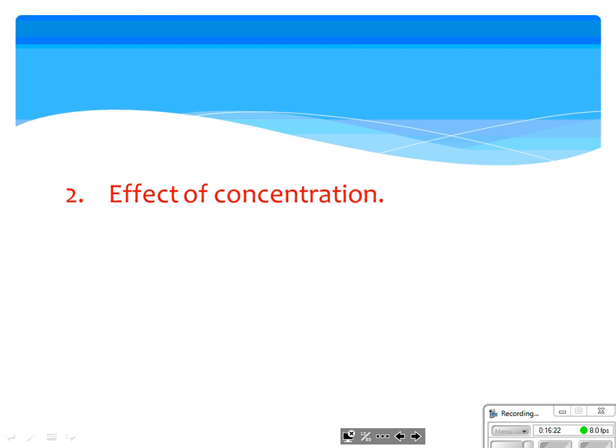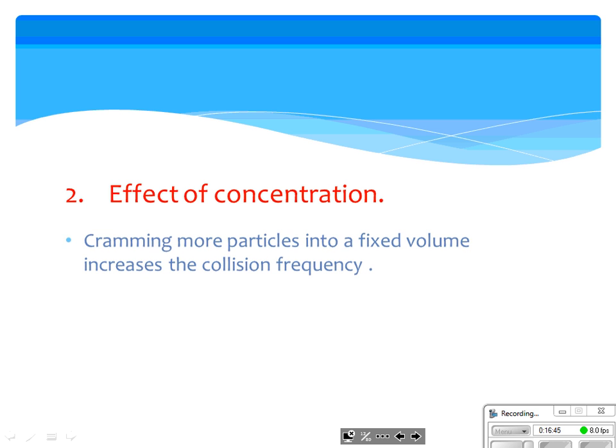Well, let's think about this. If I have more moles, do you think I would have more collisions? Let's say if I had 2 moles of a substance, or I had 5 moles. The greater the amount of moles, the more collisions we're going to have. So how does concentration affect?